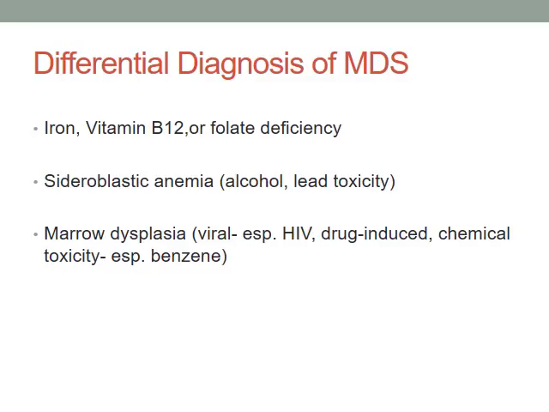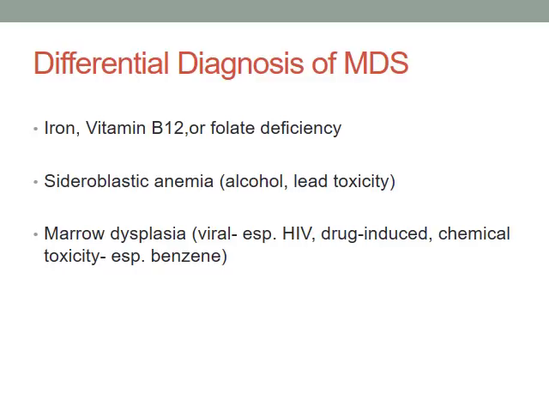This slide contains a differential diagnosis list for myelodysplastic syndrome. The other diseases should be ruled out first before you diagnose myelodysplastic syndrome. So again, myelodysplastic syndrome really is a diagnosis of exclusion.